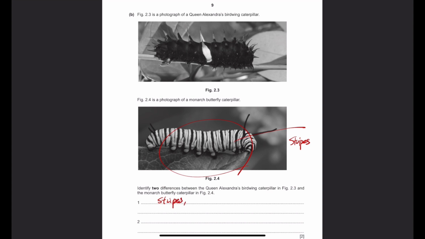Let's see. This antennae is another one. And round legs.